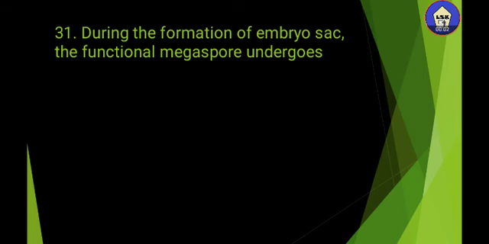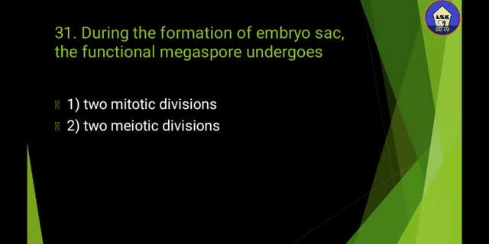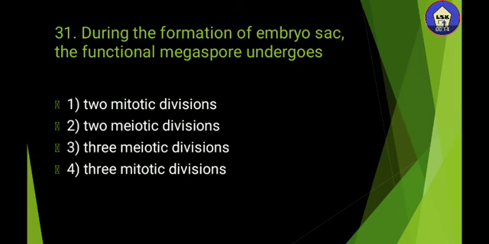Question number 31. During the formation of embryo sac, the functional megaspore undergoes 2 mitotic divisions, 2 meiotic divisions, 3 meiotic divisions, 3 mitotic divisions. So during the formation of embryo sac, the functional megaspore is haploid, so there is no chance for the occurrence of meiosis, so definitely it has to undergo mitosis.